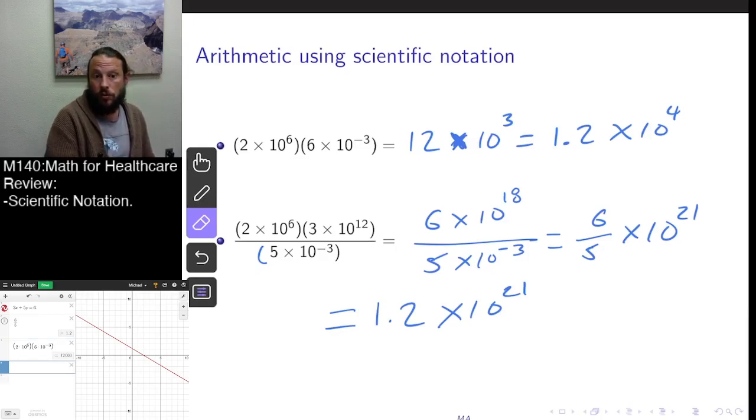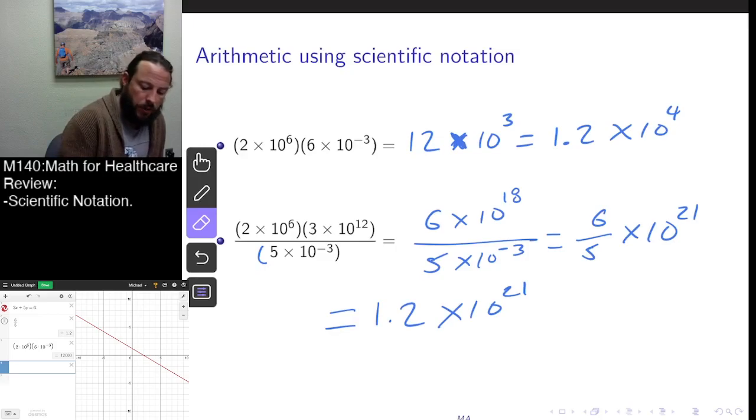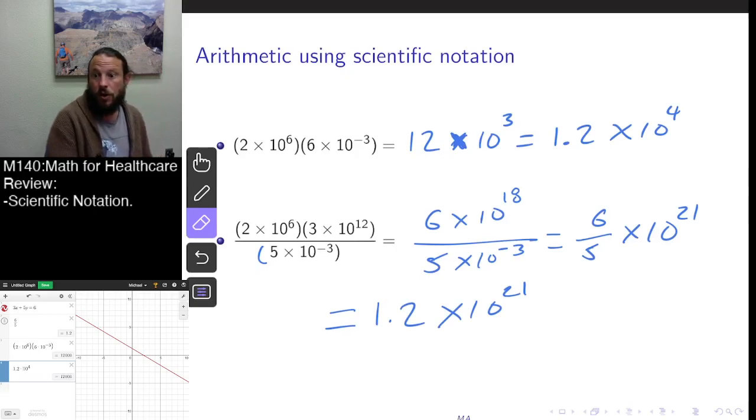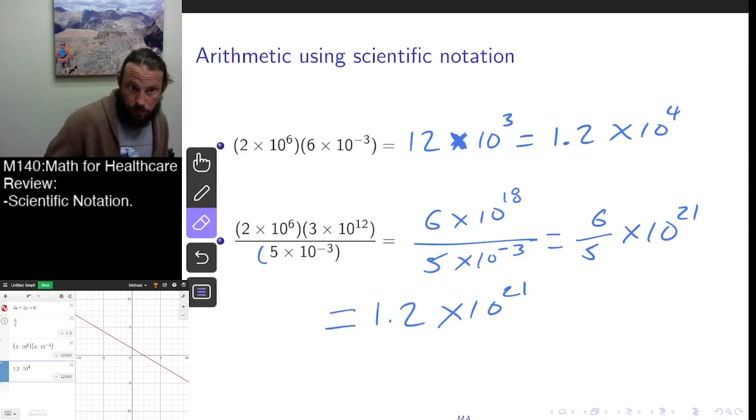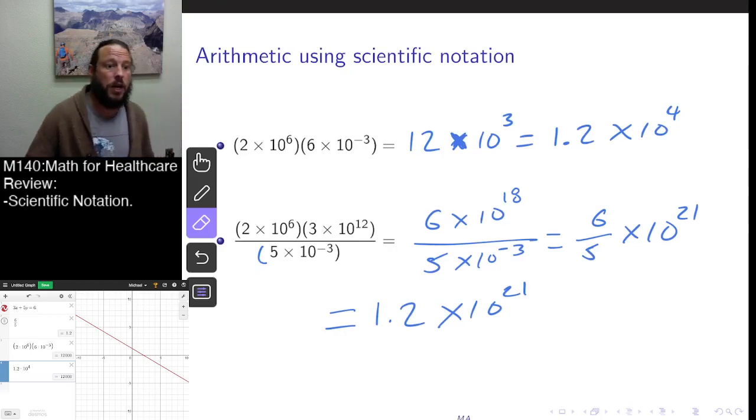Oh, well, is that what we had? Oh, yeah, we got a better check. In scientific notation, let's see, does that match the other side? 1.2 times 10 to the 4th is what we had. Oh, and good, those two match up. Did that correctly. So, that's some arithmetic with scientific notation. Again, it's quite a useful tool, and useful to understand.